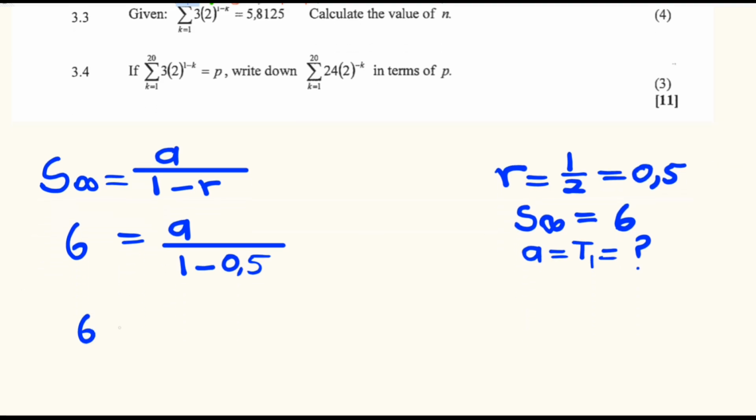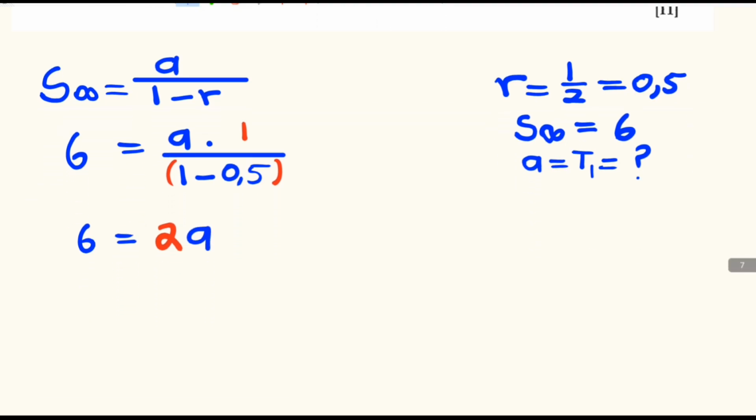And from here, 6 will be equal to 1 divided by 1 minus 0,5 on our calculator, which will be equal to 2. And we still have the a.